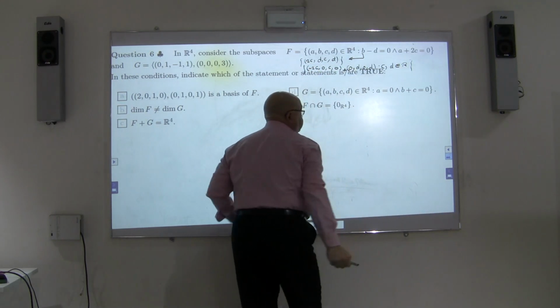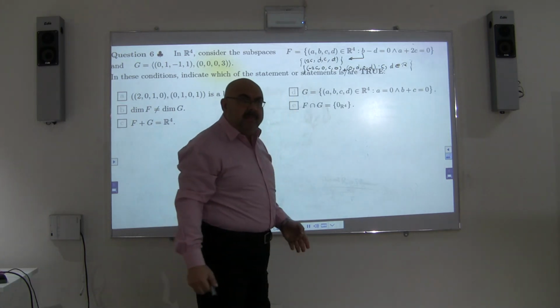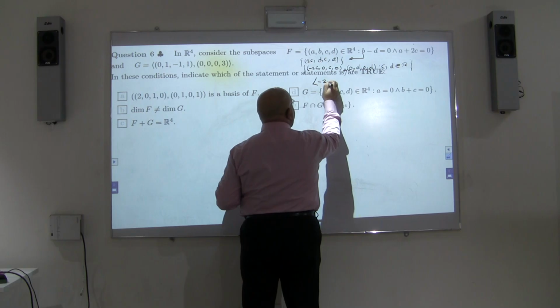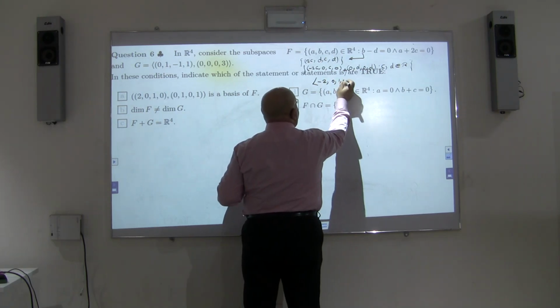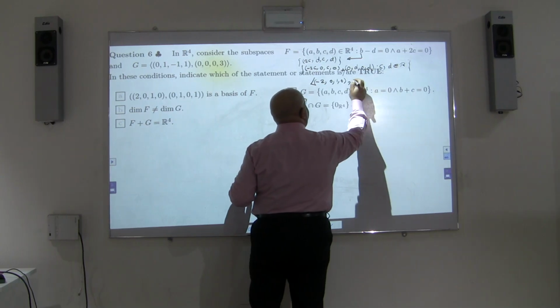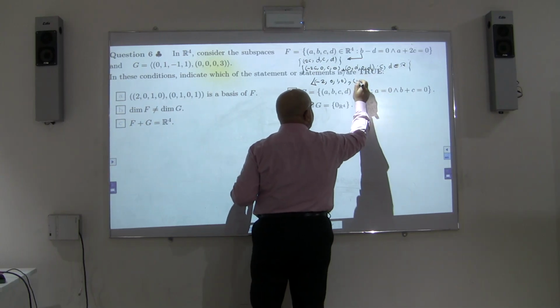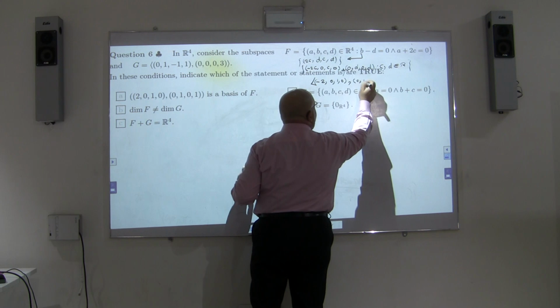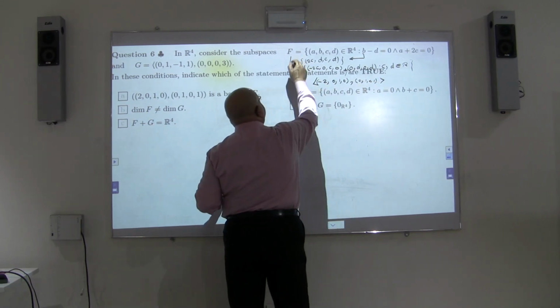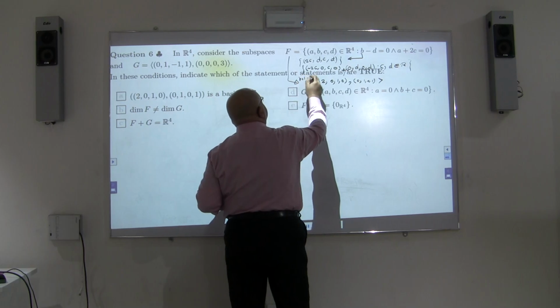And that's the span form. The second step, I can get the basis. The basis is going to be negative 2, 0, 1, 0, which is the first vector, together with the other vector, 0, 1, 0, 1. And that's the basis of this subvector space.